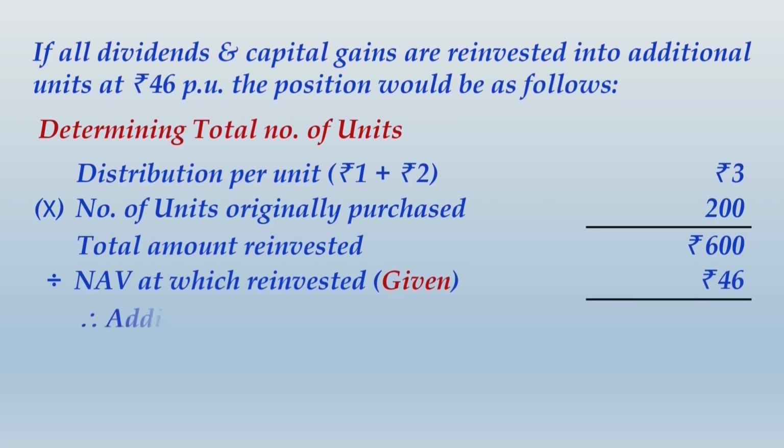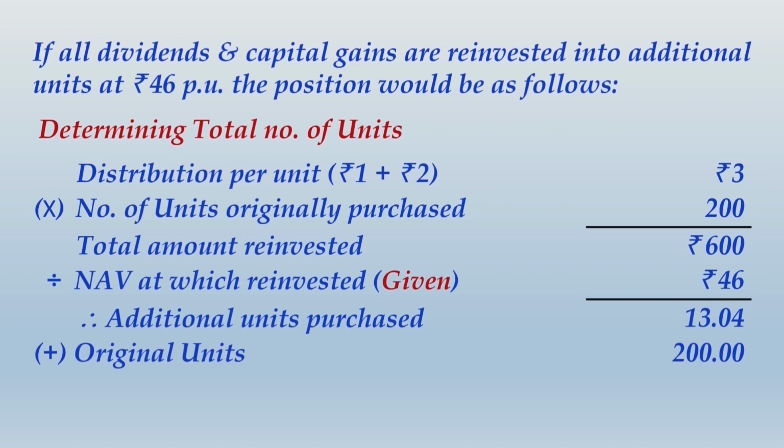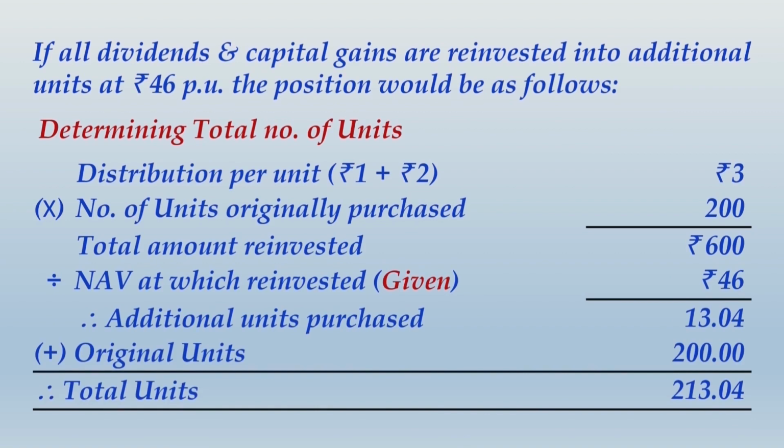The additional units that will be purchased by this investor comes to 13.04 units. So that amount of 600 got reinvested at the rate of rupees 46 per unit, resulting into 13.04 additional units. And original units held by this investor were 200 units. So the revised holding will now be 213.04.